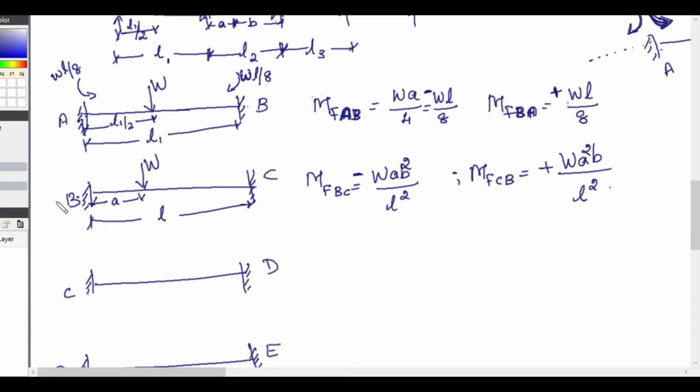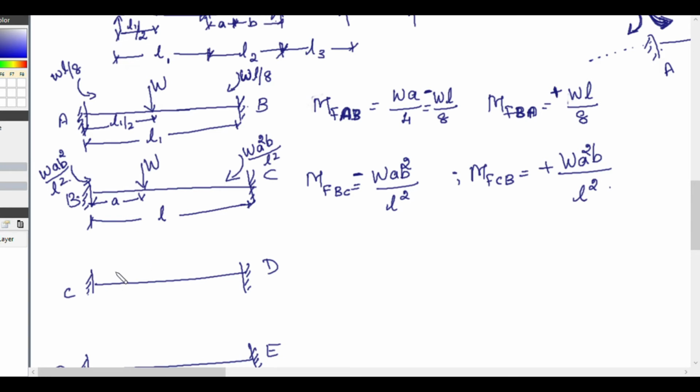Here it is anti-clockwise WAB square by L square, and at the right end it is clockwise WA square B by L square.